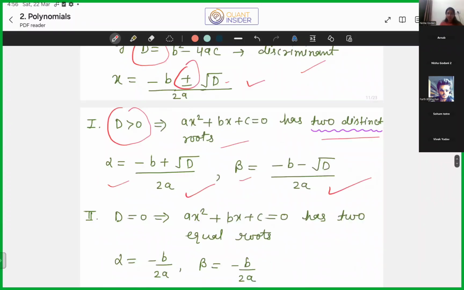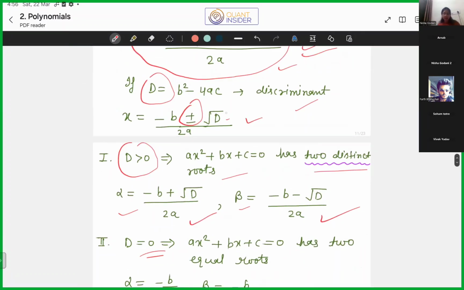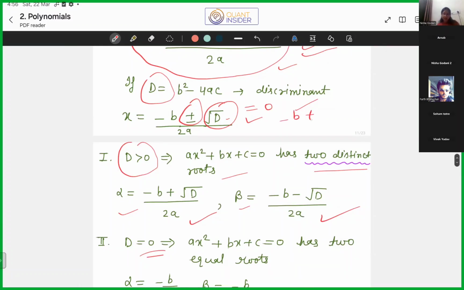But when D is 0, what do you have? When you put D equal to 0 here, you have minus b plus 0 upon 2a and minus b minus 0 upon 2a. When you add 0 or subtract 0 in minus b, you will get minus b.